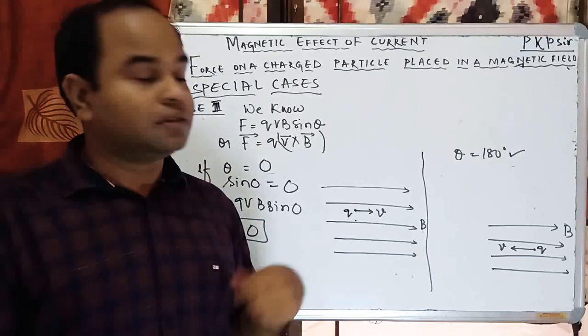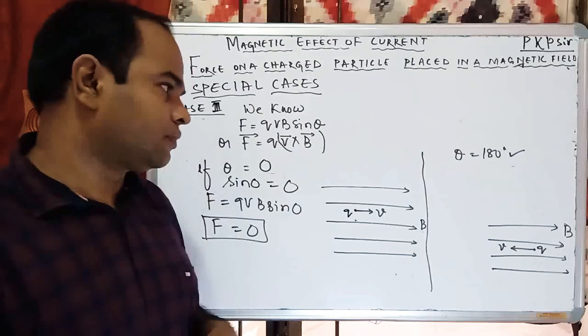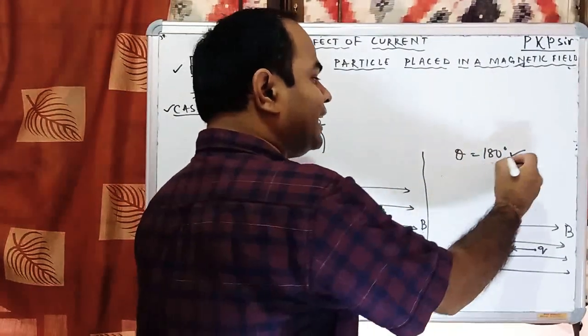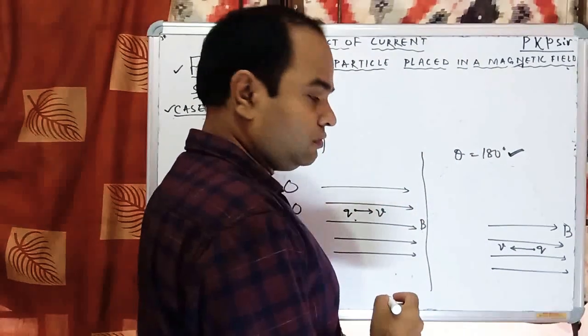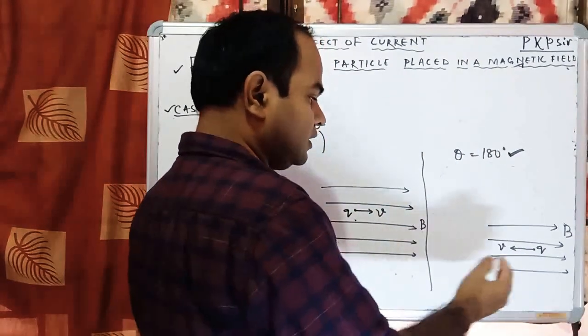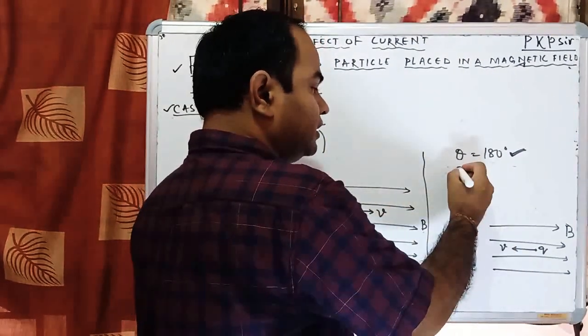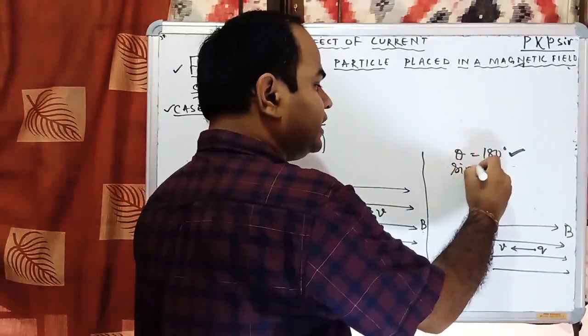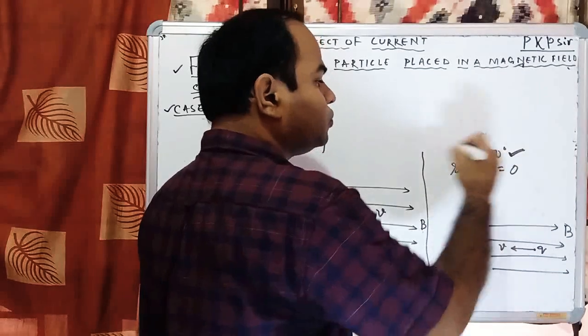Let us consider the anti-parallel condition. When the charged particle is projected anti-parallel to the magnetic field, in that case theta is equal to 180 degrees, and sin 180 degrees is equal to 0.